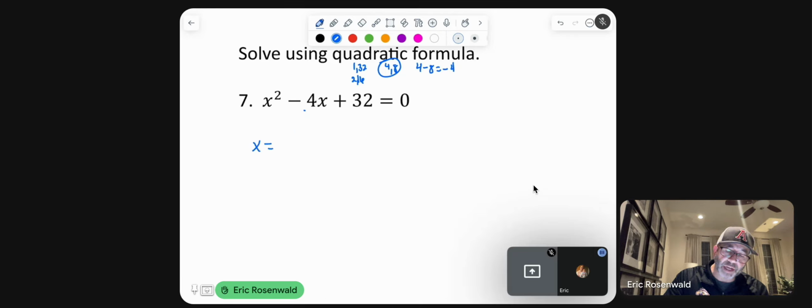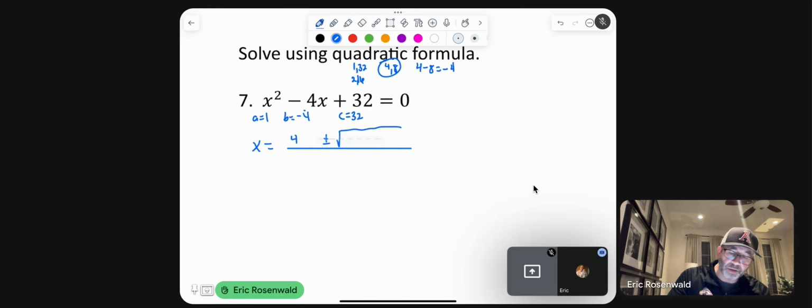We get x equals opposite of b. So my a is 1, my b is negative 4, and my c is 32. The opposite of b is to do positive 4, because it's a negative 4, we use the opposite, plus or minus the square root of b squared, which is going to be negative 4 squared, minus 4 times a times c, all over 2 times a, which is just 2 times 1.